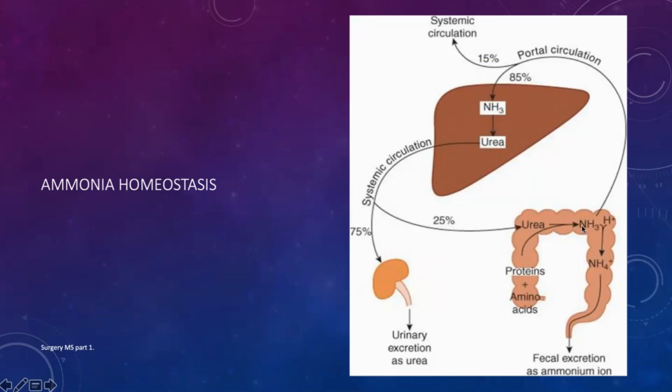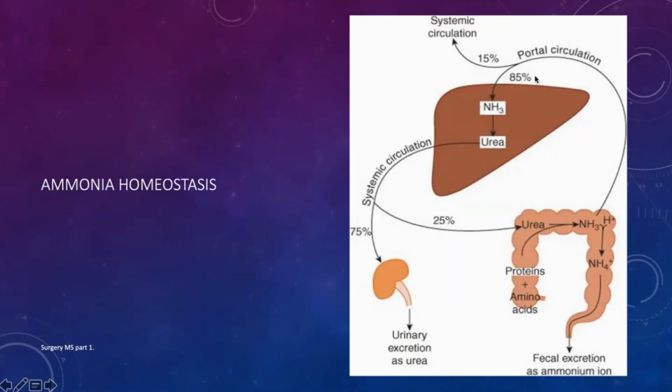Because ammonia is lipid soluble, since it doesn't have an H plus, once it is joined with an H plus, it becomes water soluble, which is an ionized form of ammonia. And once it is water soluble, it can get excreted in the feces. But some of these ammonia ions, which are not water soluble, can get recirculated, which happens through the portal circulation.